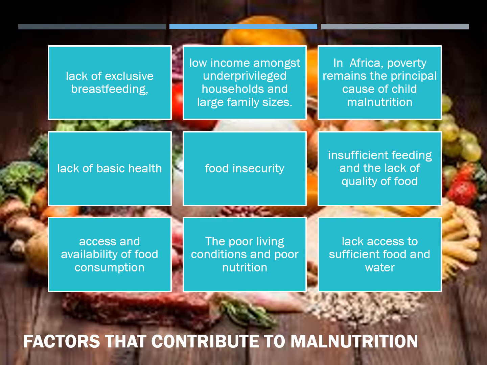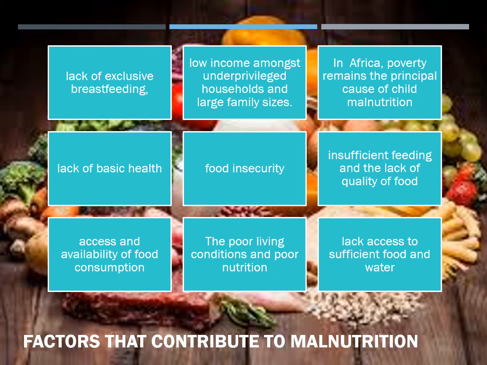So lack of exclusive breastfeeding, we're talking about between 0 to 6 months, where we are encouraged to have exclusive breastfeeding, but some don't do that because of various reasons. So it can also lead to malnutrition, where low income among underprivileged households and large family sizes. In Africa, poverty remains the principal cause of child malnutrition, right?